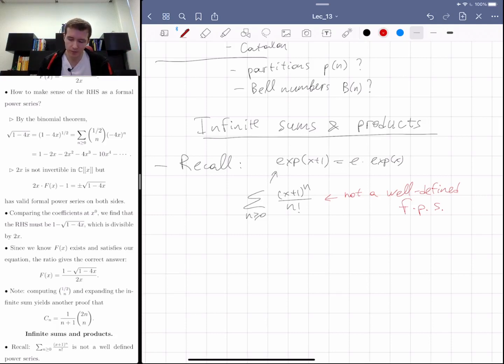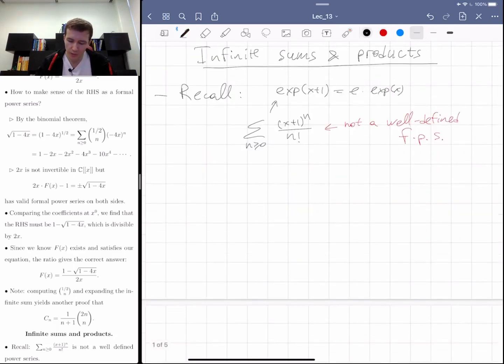But I would like to work with infinite sums where each term itself is a formal power series. The reason this one was bad is that each term contributes something to the constant term. Infinitely many terms in the summation contribute to a particular coefficient of my formal power series. I don't want that.